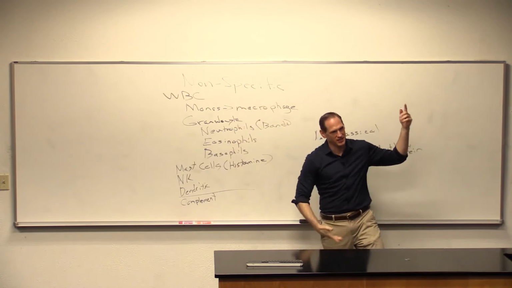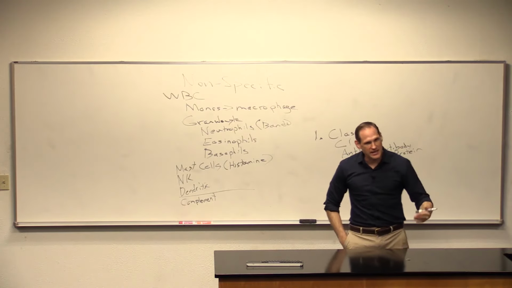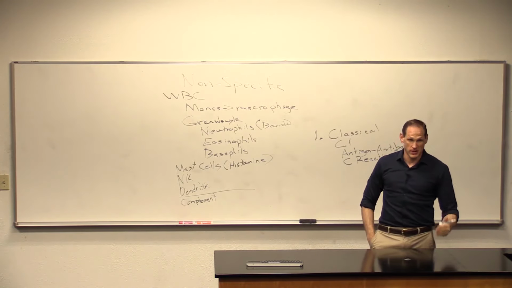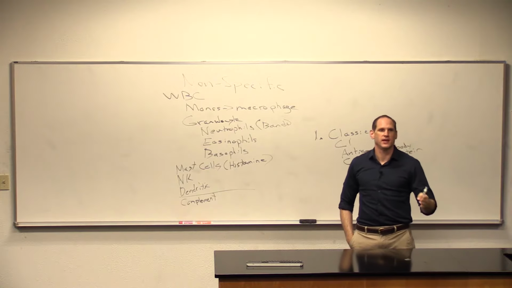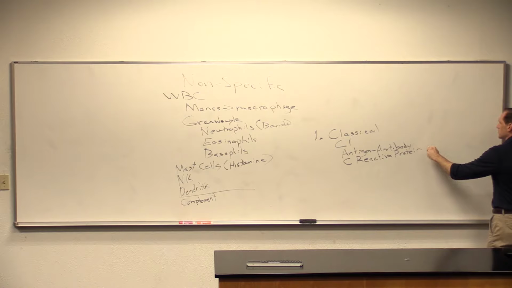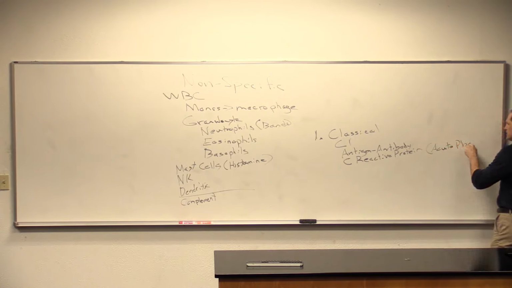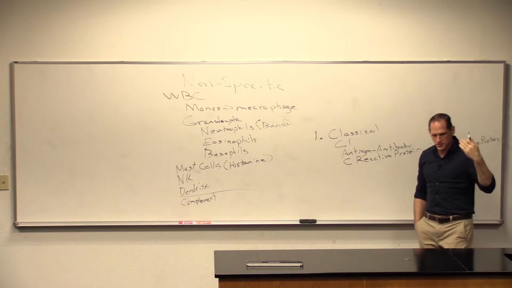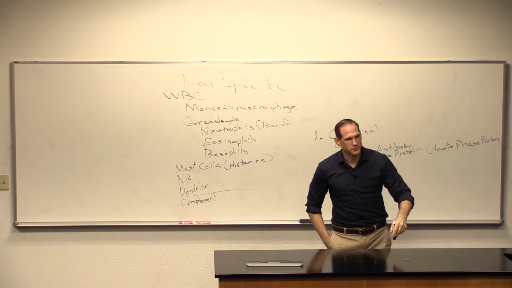Injury. Inflammation. Yeah, so any inflammation, your body, your liver specifically, will start producing C-reactive protein. So C-reactive protein is what is known as an acute phase protein. So during the acute phase of inflammation, your body will produce C-reactive protein.